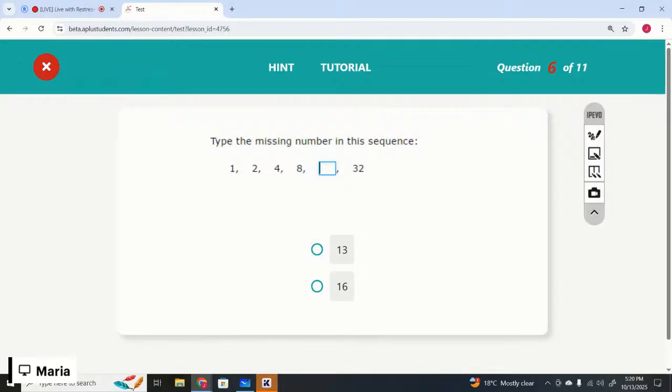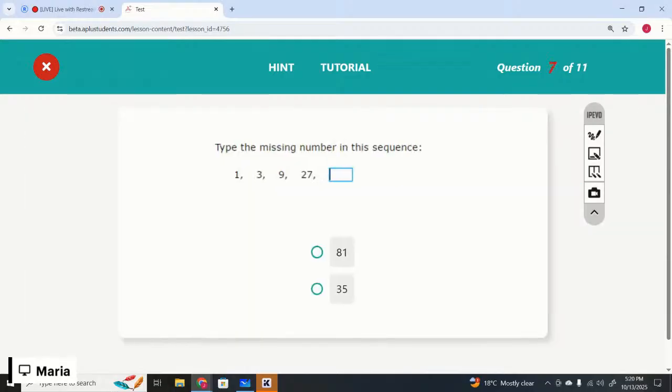So the next number is 16. Option number 2 is the correct option. Type the missing number in the sequence.